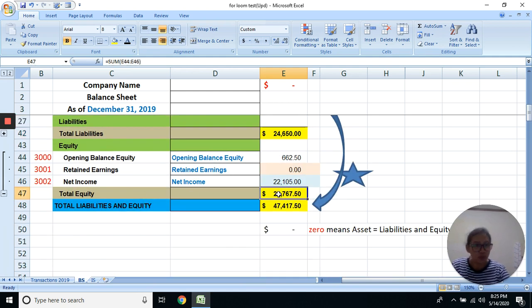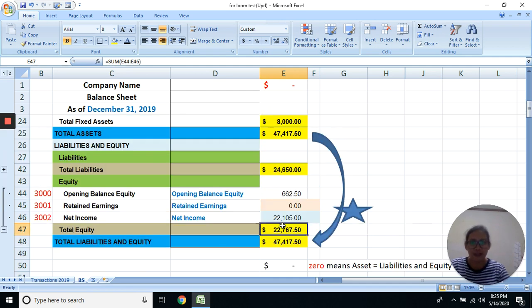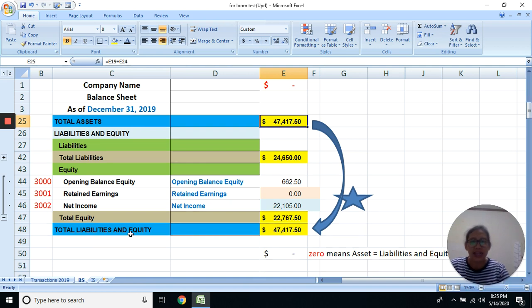So with our equity, 22,767.50. So as per checking, our total liabilities and equity, 47,417.50, is equal with our total assets. So with our checking formula here below, zero means asset is equal to our liabilities and equity.